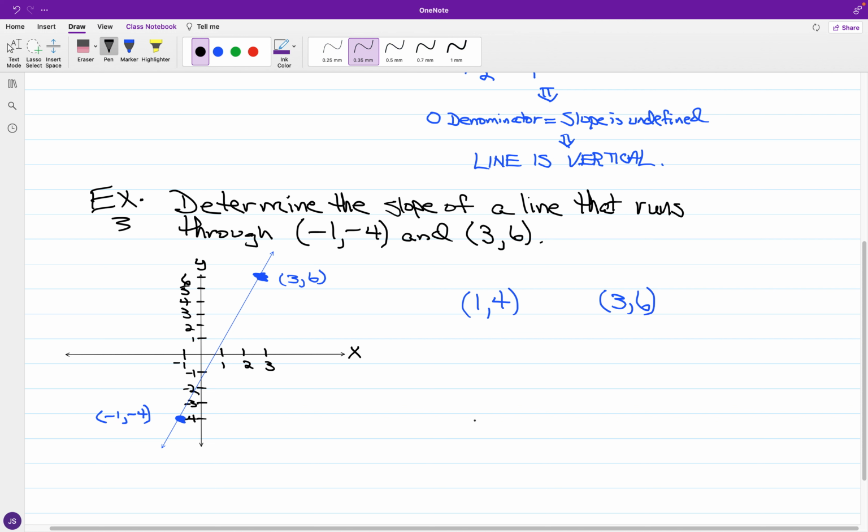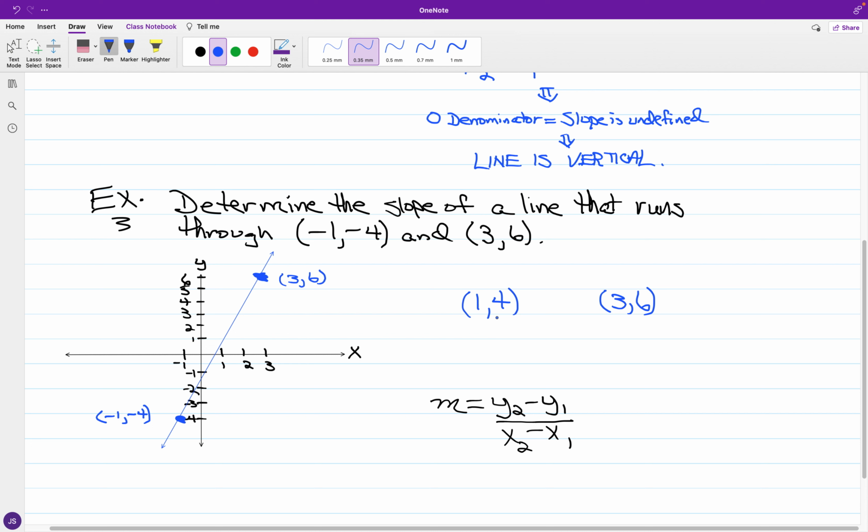Again, with our slope formula, you have y2 minus y1 all over x2 minus x1. So you want to identify just what the x and y terms will be.